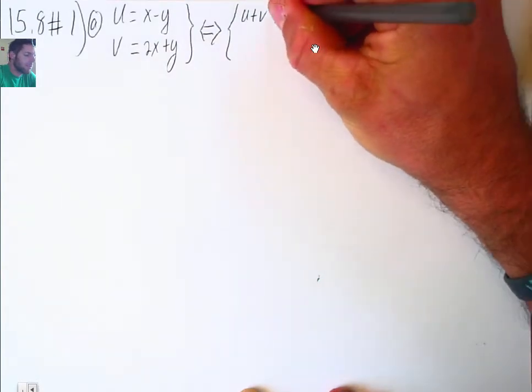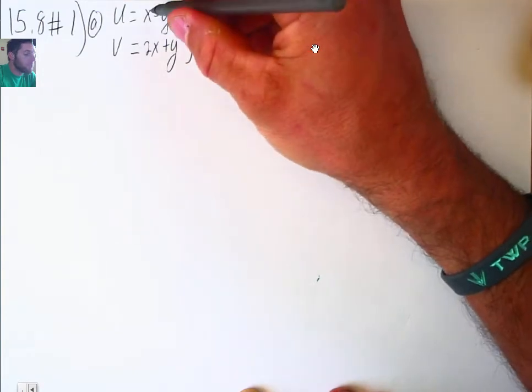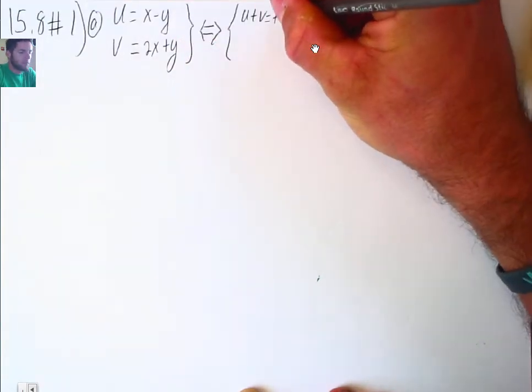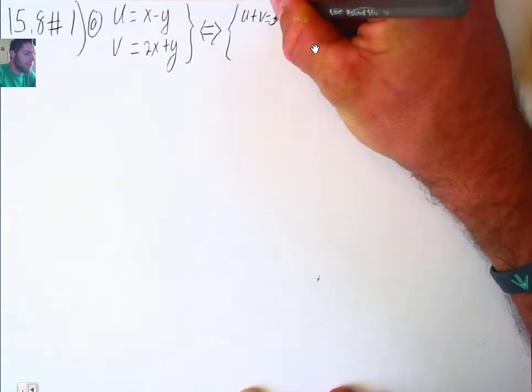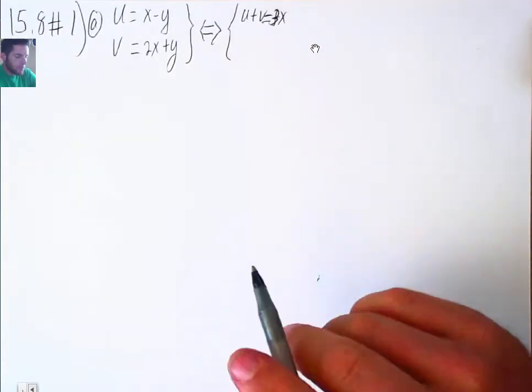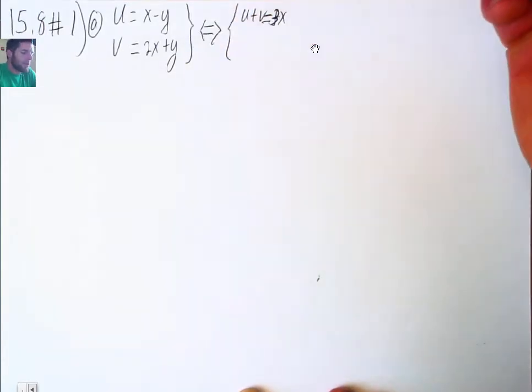So I am left with just x plus 2x on the other side, which is 3x. Okay, so u plus v is equal to 3x is what I get by adding these two equations.